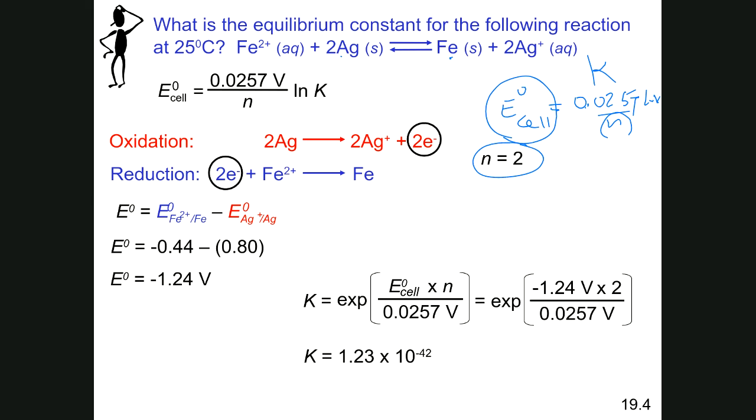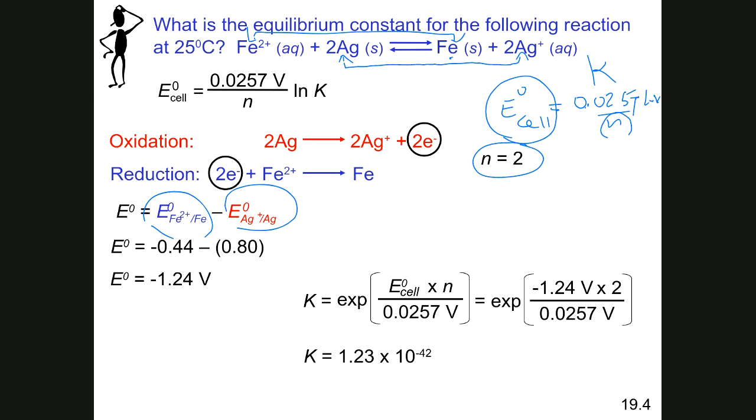Oxidation happens at the anode, and silver in this case is being oxidized. Iron has been reduced. Since we have the E0 value for each one, for silver and for iron, we can use those numbers. E0 cell is the cathode minus the anode.